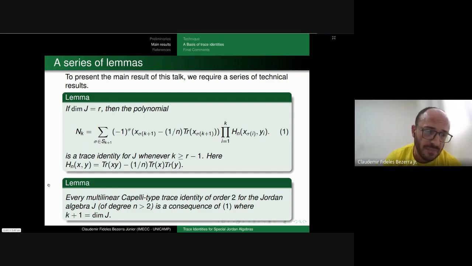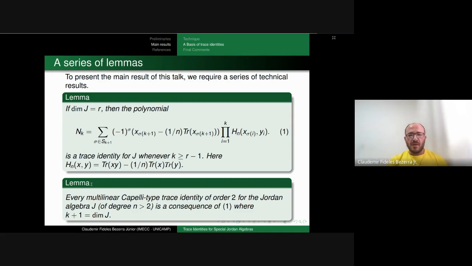The second lemma is very important for us. We say that every multilinear Capelli type trace identity of order 2 for the Jordan algebra J is a consequence of this polynomial, when k is equal to k plus 1.